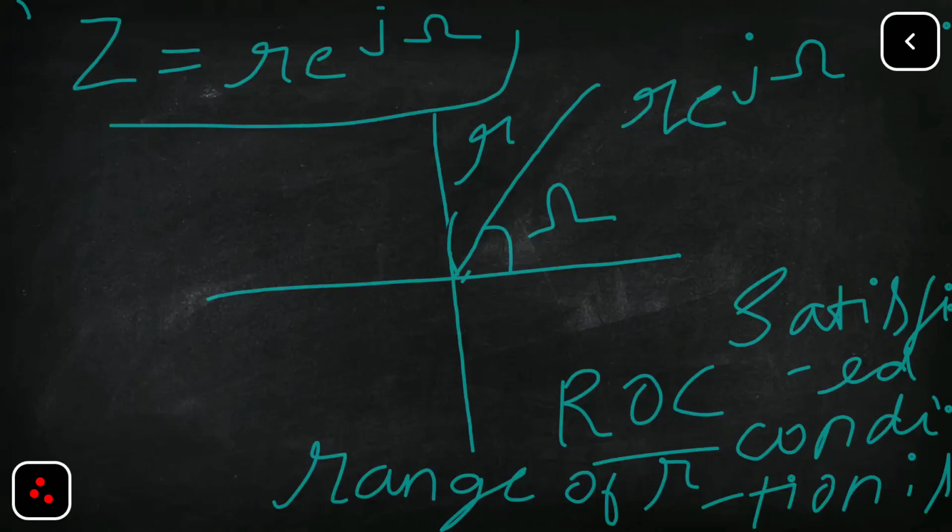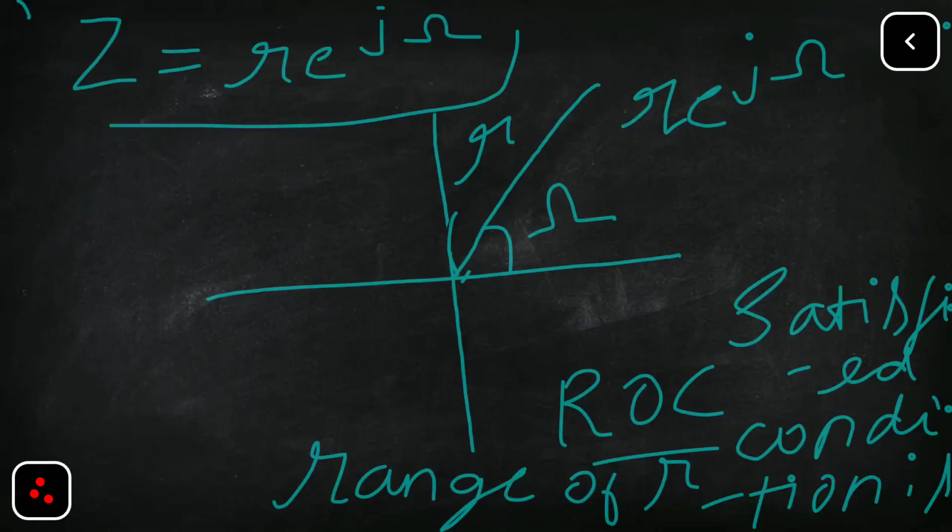We can also represent that as the summation over k from minus infinity to infinity of h of k into x of n minus k. So what is x of n? We knew that it was z to the power of n. Therefore x of n minus k becomes z to the power of n minus k.